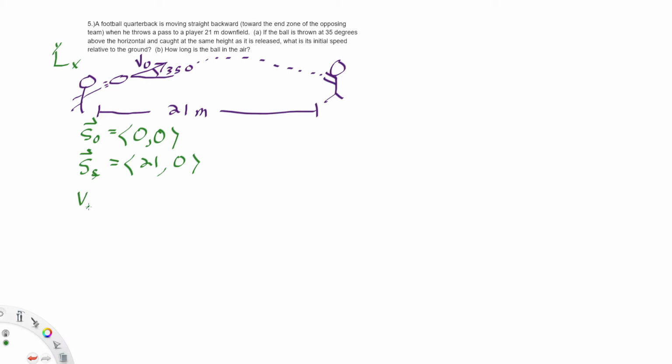The initial velocity, we don't know the speed, but we can say that the components of the velocity will be v naught cosine 35 in the x direction, v naught sine 35 in the y. Our acceleration is just gravity. We don't know time.